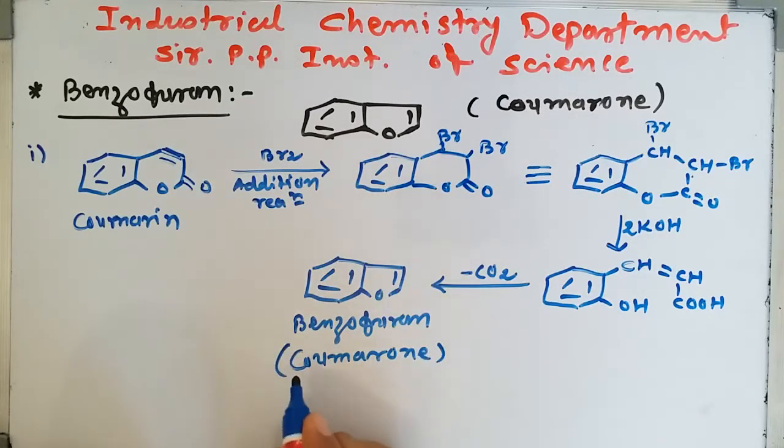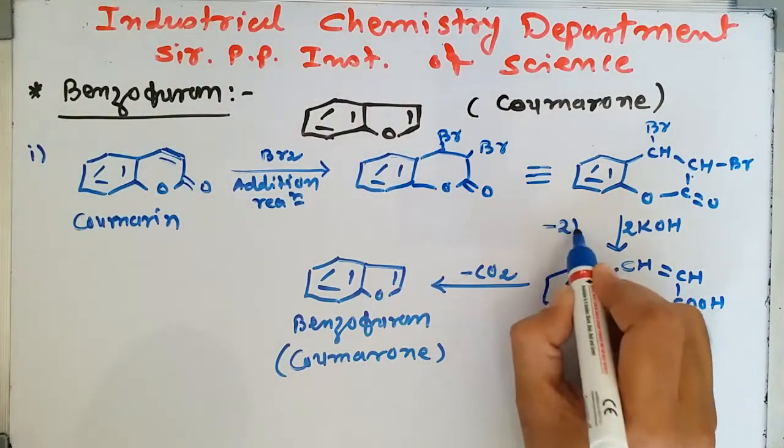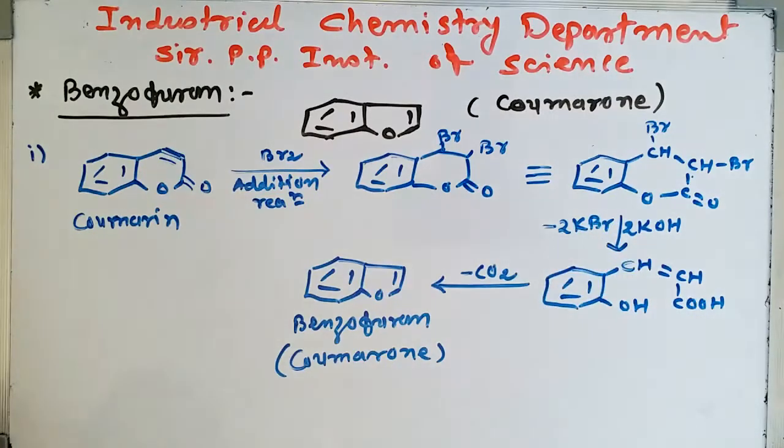So this synthesis is the conversion of coumarin to coumarone, coumarin to benzofuran, and here there is loss of 2 potassium bromide. This is the first preparation, from coumarin.